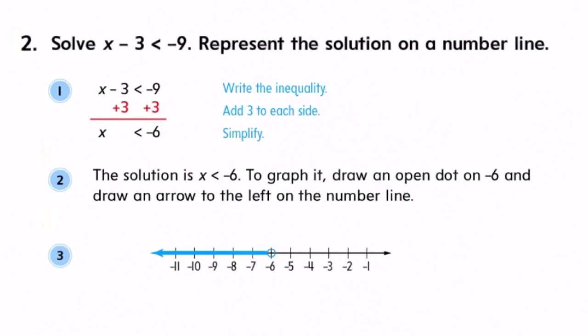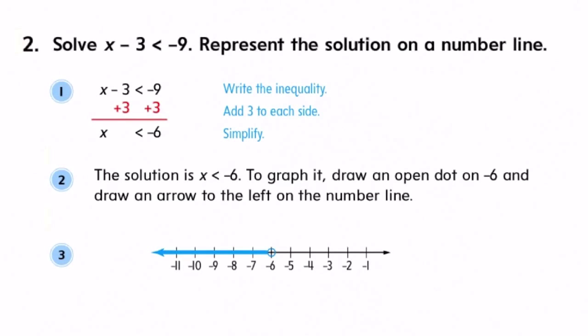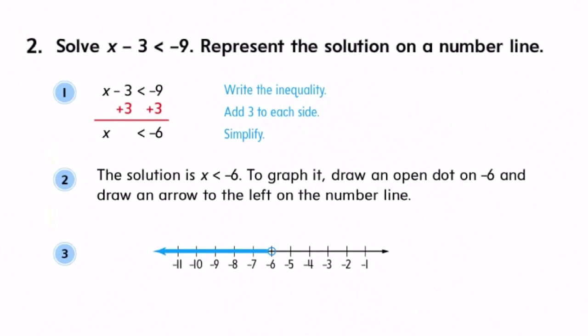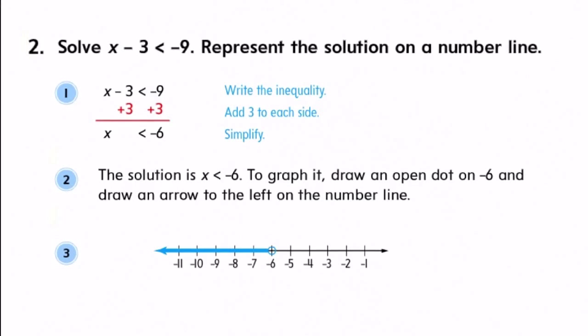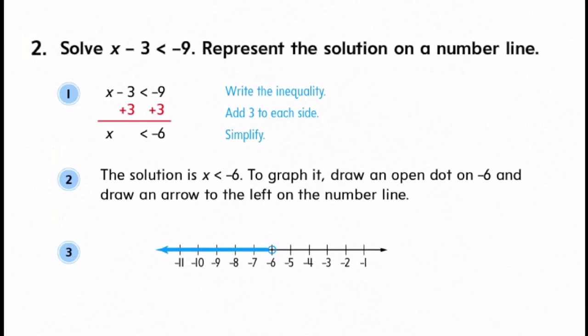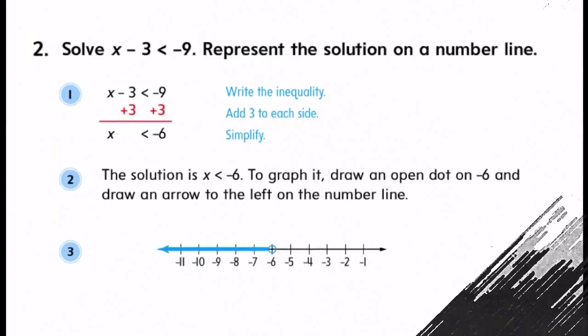Once you've done that, your final result is x is less than -6. And as I told you in the other slide, if you look at the less than symbol, that would be an open circle on your number line. It's pretty much telling me that you can pick any number on that number line except -6 or anything greater than that. It can be any number smaller than that. Anything on that blue section of your number line.